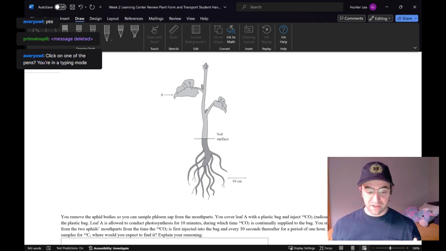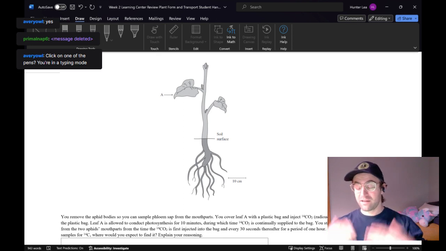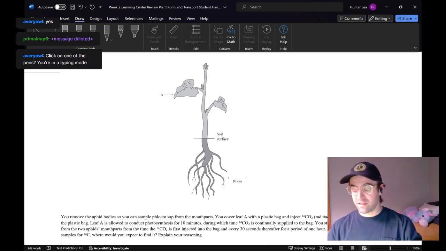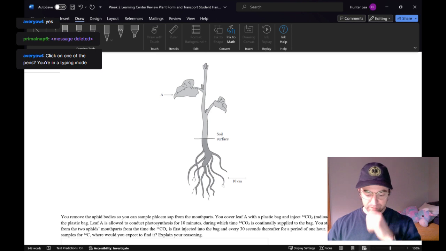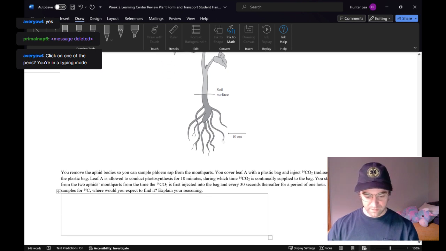So the radioactive CO2 would be used by the cells in the leaf to make sugars in photosynthesis. Can I type? Yes.